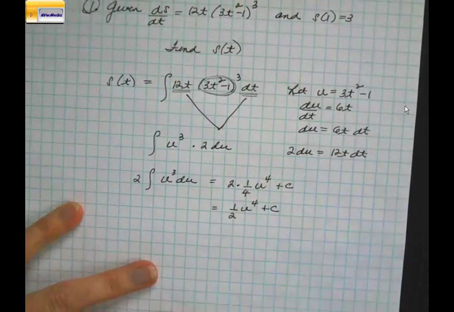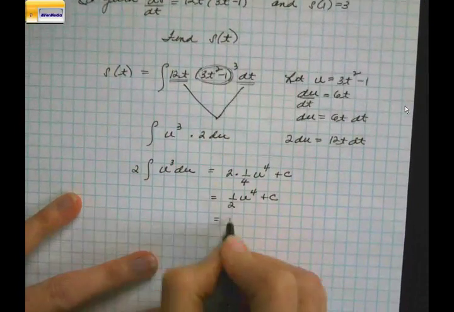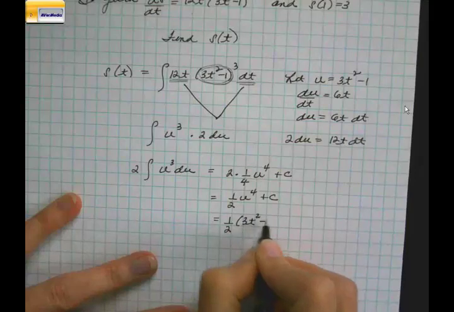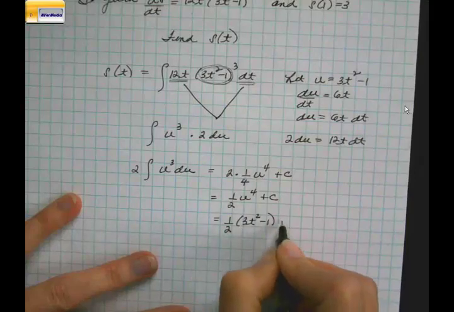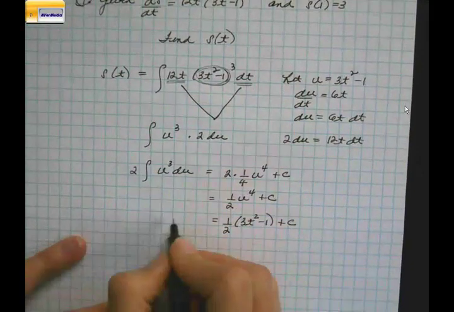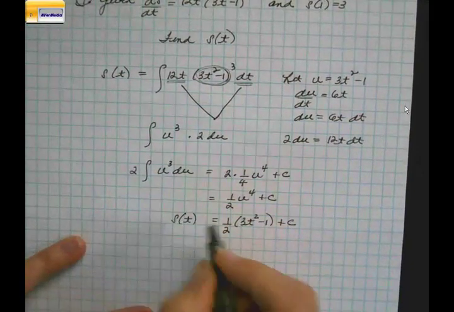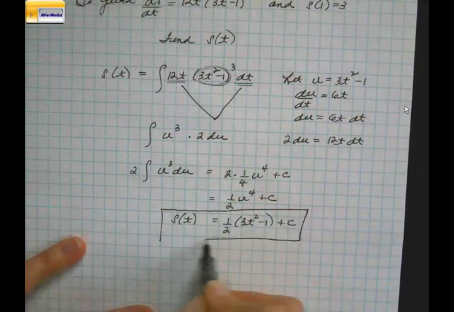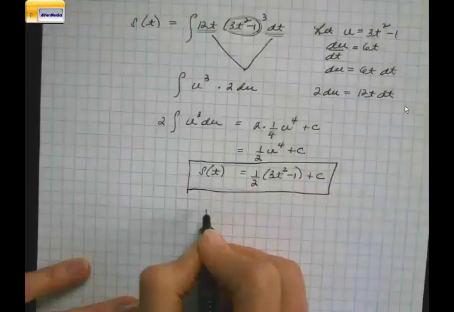But I need to get back into the variable t. So this is 1/2 times 3t squared minus 1 plus c. So this is my s of t function. Now, they gave me some initial value information though.